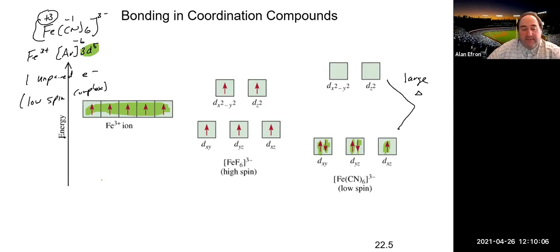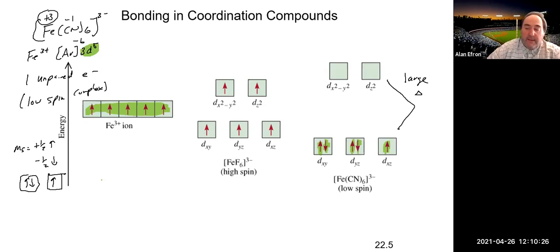That goes to the spin quantum number, which is either plus a half if it's spinning this way, or minus a half if it's spinning the other way. When they're paired off, they counteract each other. Obviously, when there's only one in there, there's nothing to balance the spin.